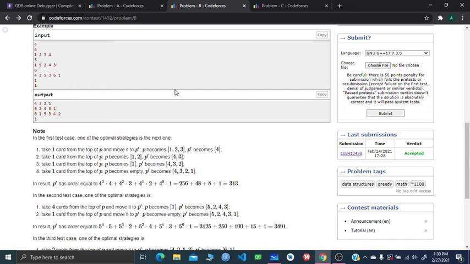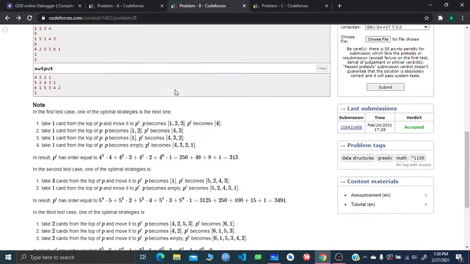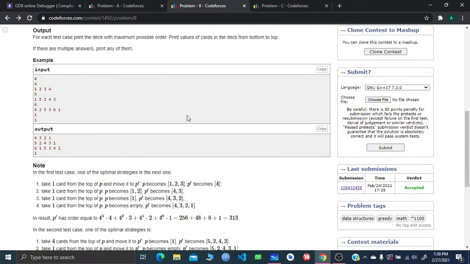I think the second test case looks solid.